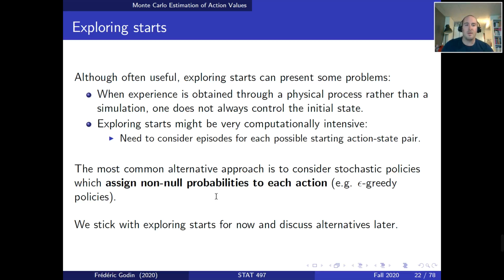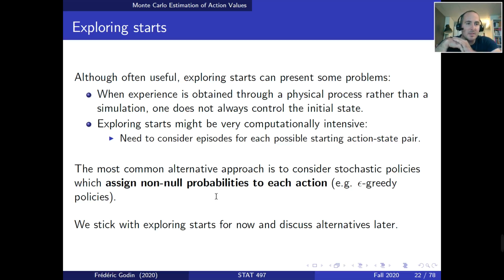The first problem: we said earlier that you impose to select the initial state and action randomly on the first stage. This is possible if you simulate your Markov decision process. If you have a simulation to generate your episode, then this is not very problematic.